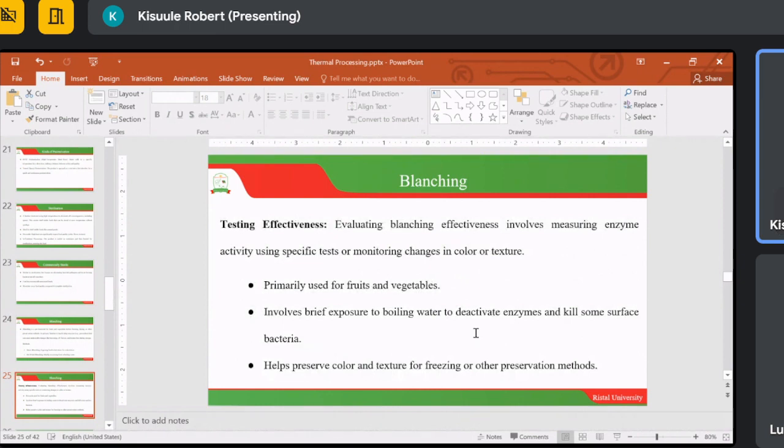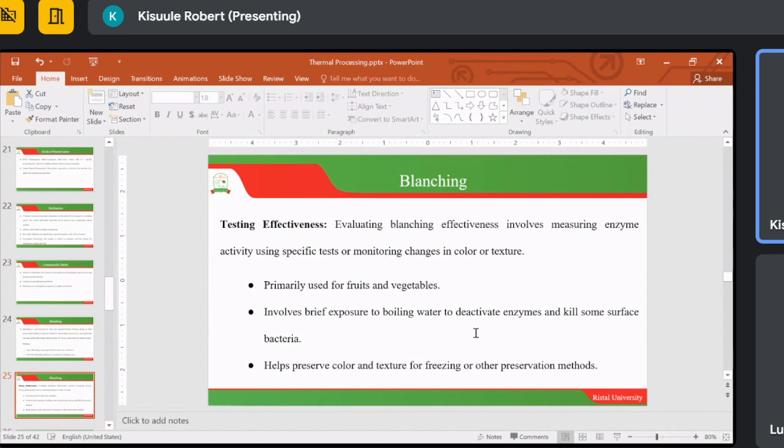Okay, so testing the effectiveness of this method, you should be able to evaluate blanching effectiveness by looking at the enzyme activity, the peroxidase enzyme activity, using specific tests to monitor changes in color or texture.